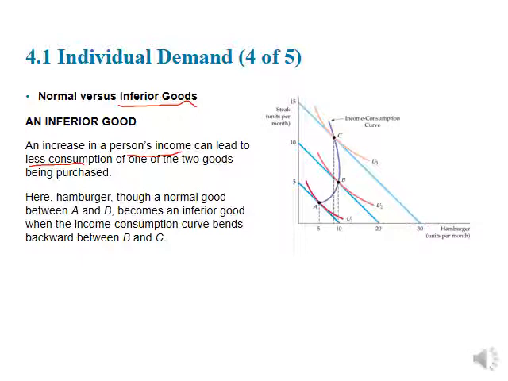We see that in this graph, where hamburger starts out as a normal good. An increase in our income from here to here leads us to consume more hamburger. But eventually, as we get wealthier and wealthier, with more and more income, our income consumption curve bends back as we shift our consumption from hamburger to steak.